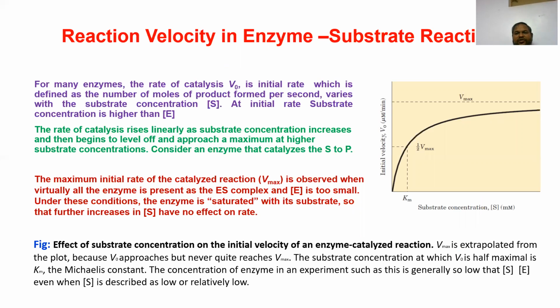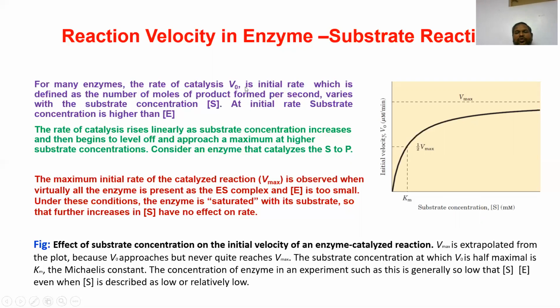Enzyme kinetics. It is important to measure the rate of enzyme reactions. In enzyme reactions, we have to find out the rate of catalysis. So how will we find the rate of catalysis? First you have to measure V0, the enzyme reaction velocity.